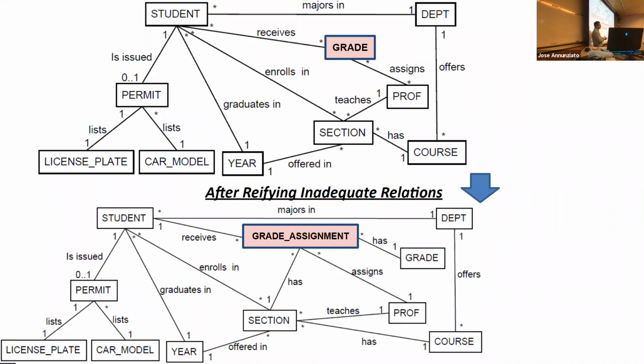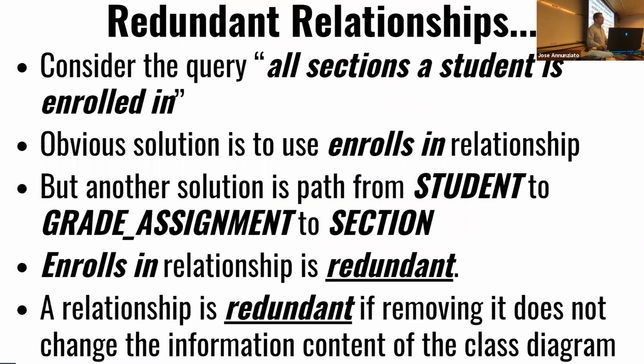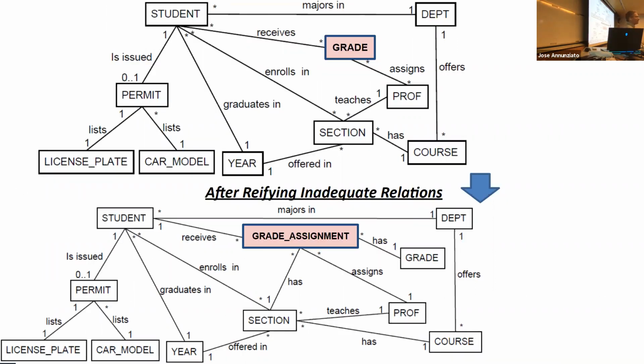Does that make sense? Yes. If grade is going to come into the grade assignment as a field, why do you have a separate box for grade? Yeah, eventually there's a whole section on asking about grade, professor, year, car model. Should they even be a separate class? And that's part of the conversion.